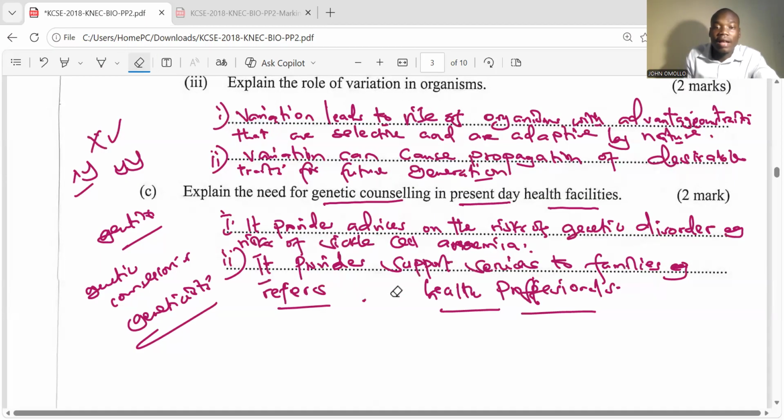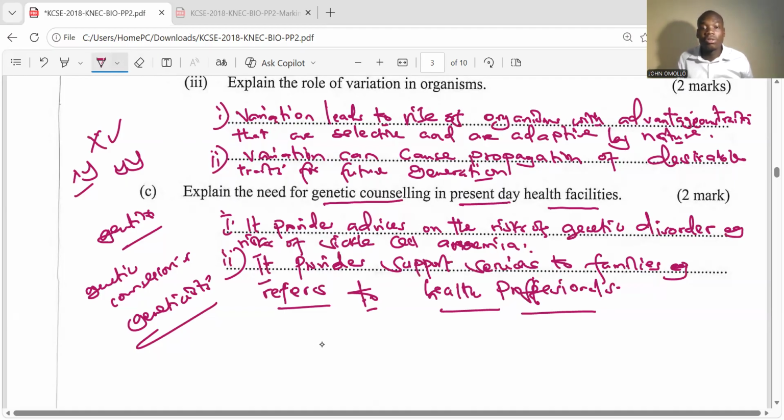So that is another importance of why we need to go for genetic counseling. Because if we are not going for genetic counseling, where will we get these health professionals? Are you getting that? So that support service to families is brought by us going for genetic counseling.